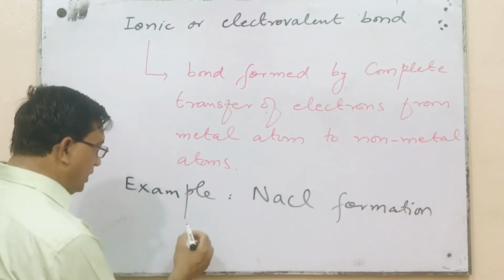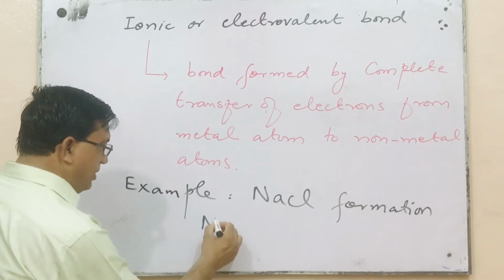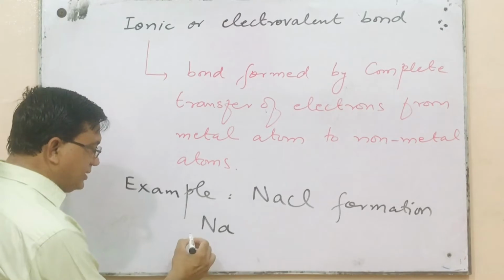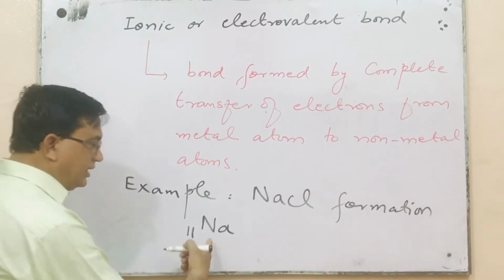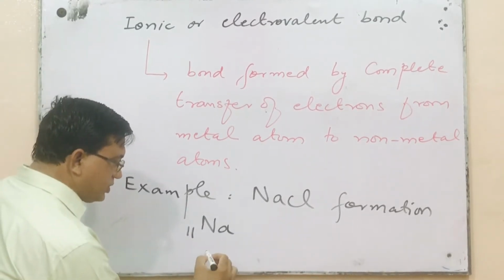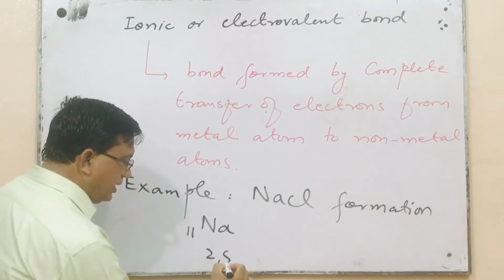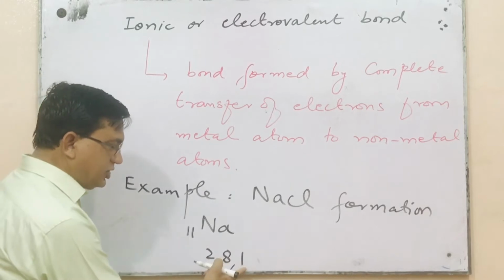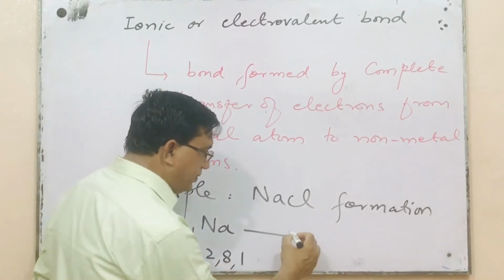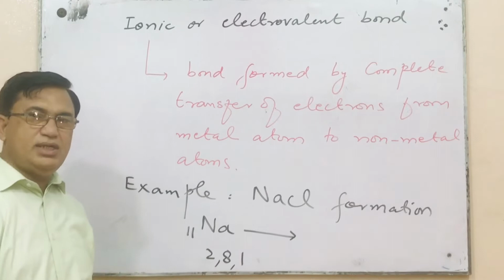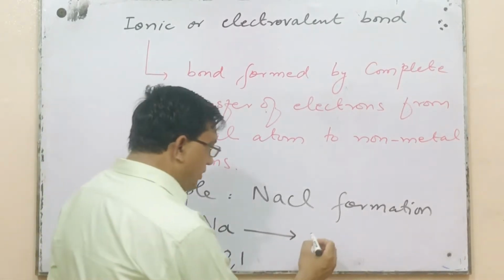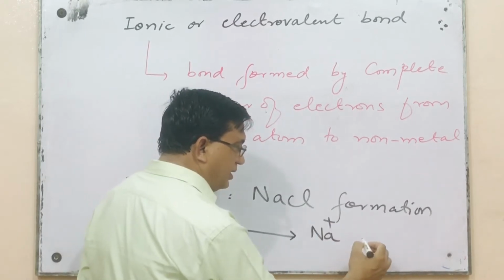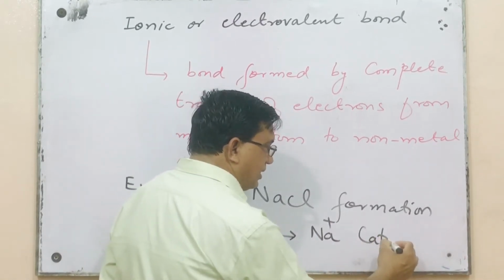In the formation of NaCl, sodium atom is present. Its proton number is 11. Its electronic configuration is 2, 8 and 1. As the last shell contains 1 electron, this electron will be lost easily and sodium will be converted into sodium ion. That will be called a cation.